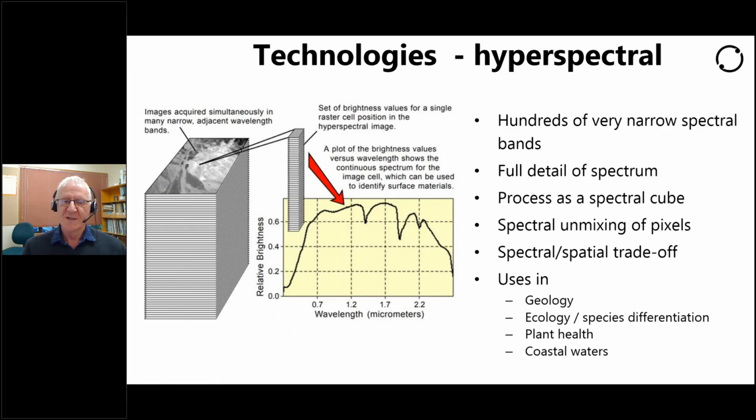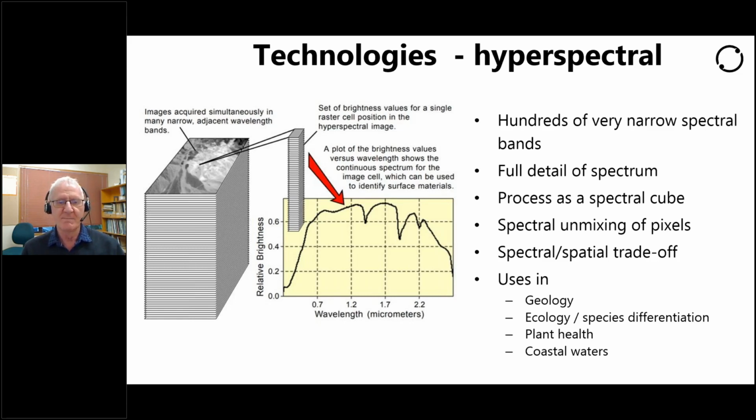Hyperspectral is really just an extension of what I've just spoken about, the optical imagery. And in the case of hyperspectral, instead of having just maybe 3 to 15 bands available, you would have literally hundreds of bands available. And these are very narrow bands, maybe 5 to 10 nanometers bandwidth. And the objective here is to give you the full spectrum of the response from the target.